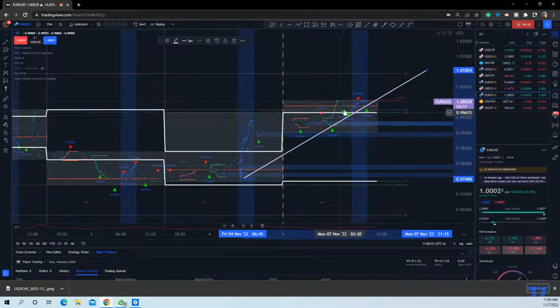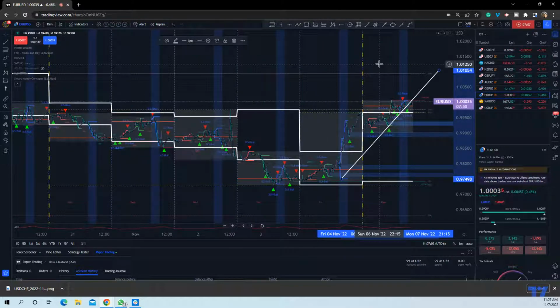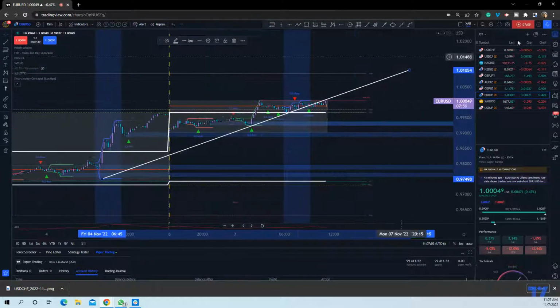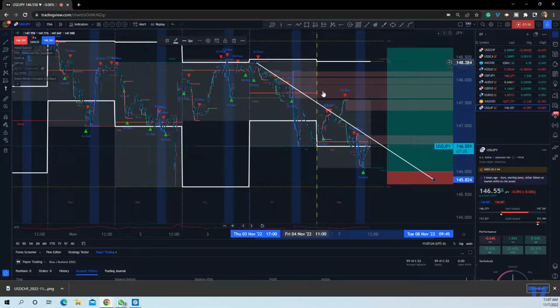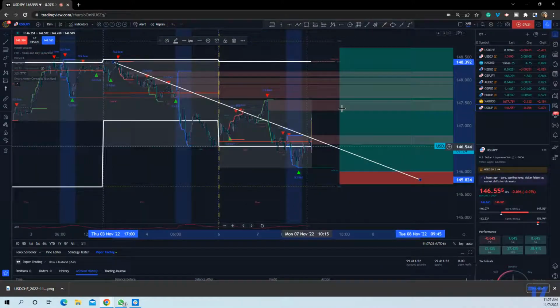Euro, we are coiling towards last month's highs, above last week's highs. See how we get on later in the week. And dollar yen, same sort of scenario, still on the front side of the trend line and a touch above last week's highs. See how we get on.